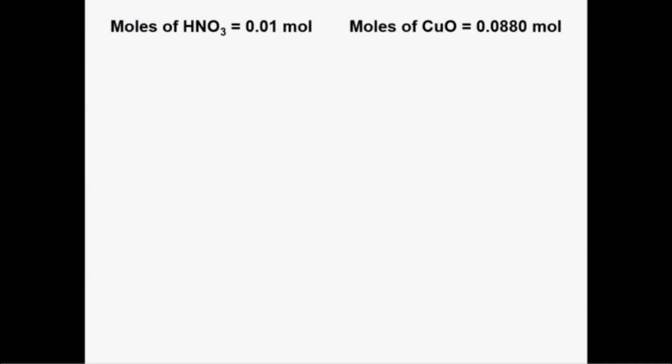Now we have the 2 numbers of moles: moles of nitric acid and moles of copper oxide used in this reaction. Next, we are going to determine which one of these 2 will become the limiting reactant and which one the excess reactant.